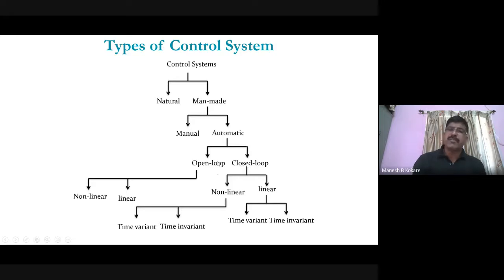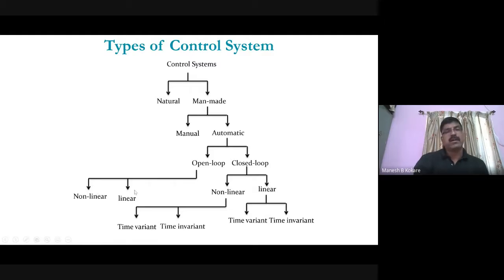So we have seen 9 differences between open loop and closed loop control systems. After that, linear control systems are said to be linear if they obey the superposition principle, whereas a non-linear control system does not obey the superposition principle.